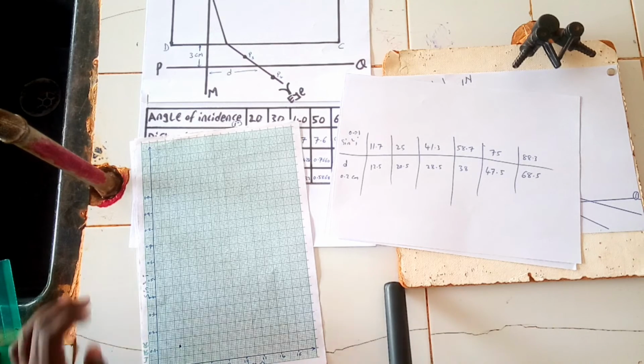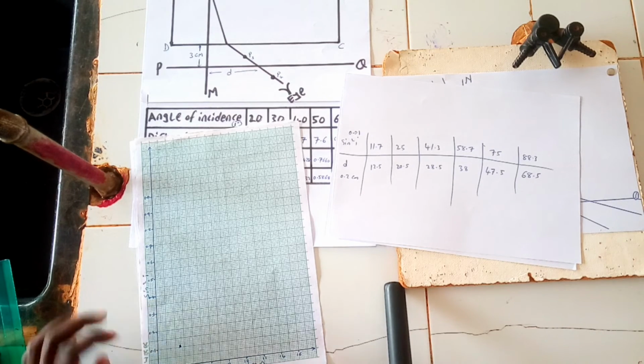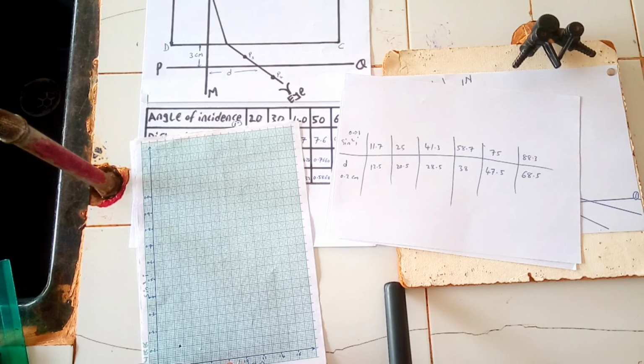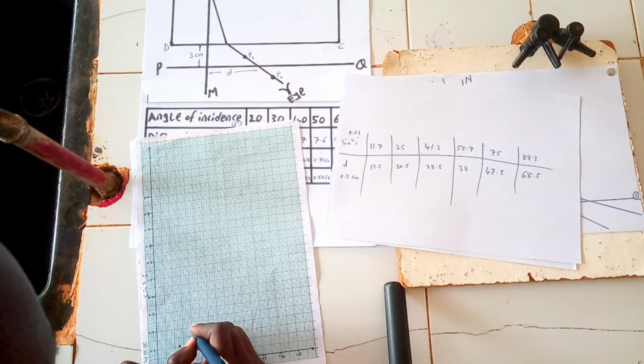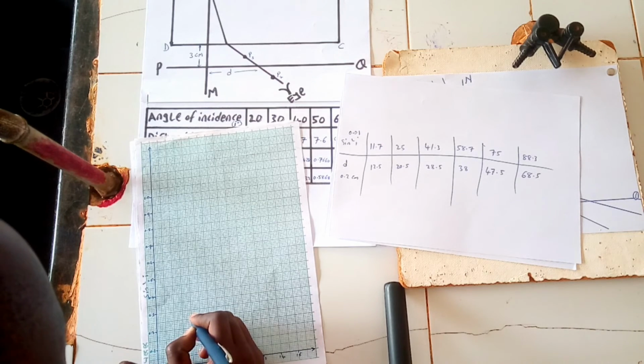We go to the second value, 20.5. 20 is here, so 20.5 is here. We rise up 25. 10, 20, 25. There.